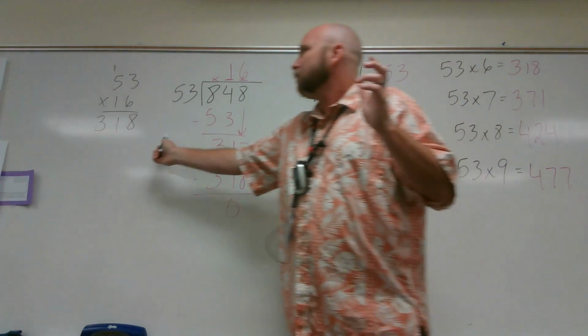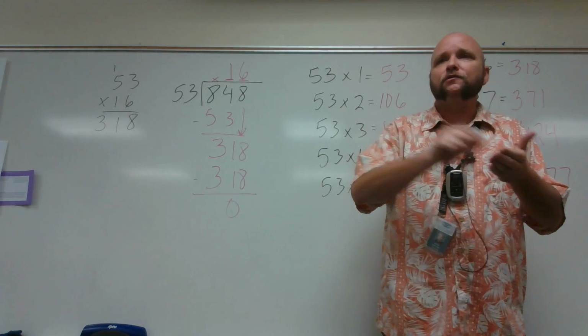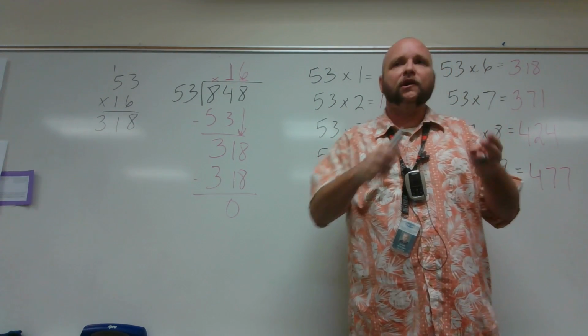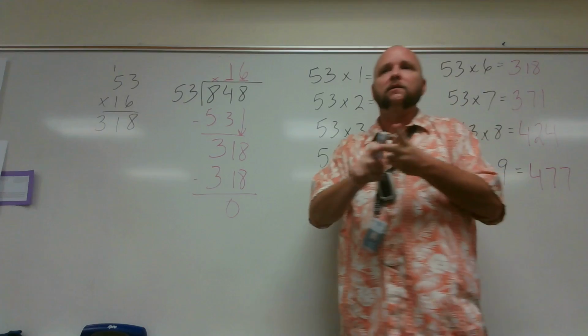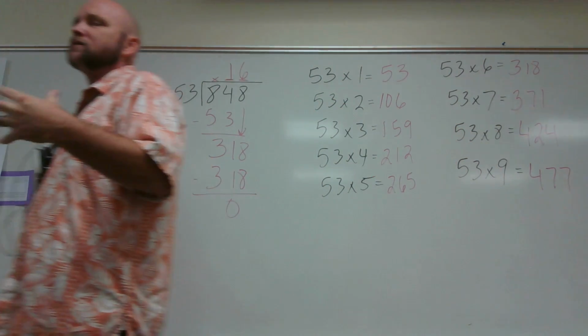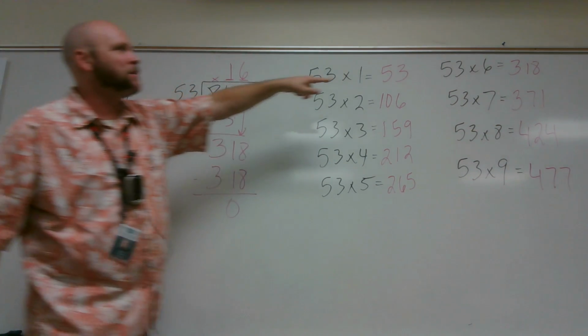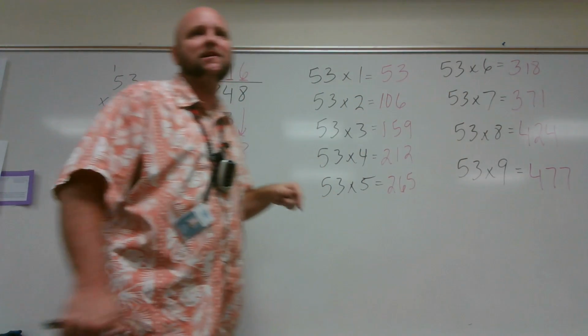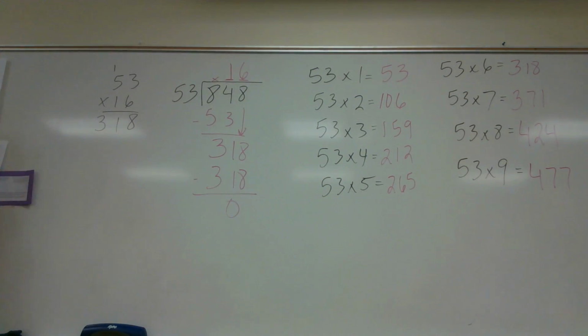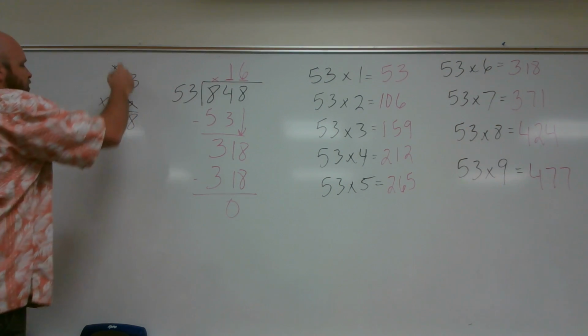If I had 31, I don't want to use 31 ones. I want to use 3 tens and 1 one. That's the fewest amount of bills I can use. And you notice how 53 times 6 is the same as what I had over here. It's amazing how that works. All right, I'm done with my ones place.